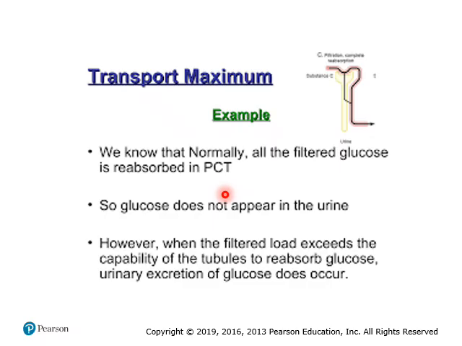There should not be any glucose in the urine. However, when the filtered load exceeds the capability of the tubules to reabsorb the glucose, you have a spillover of glucose in the urine, and you will find sugar in the urine when you have urinalysis.